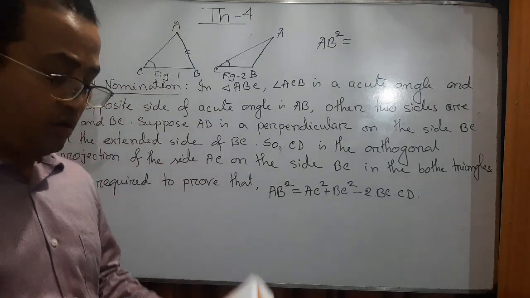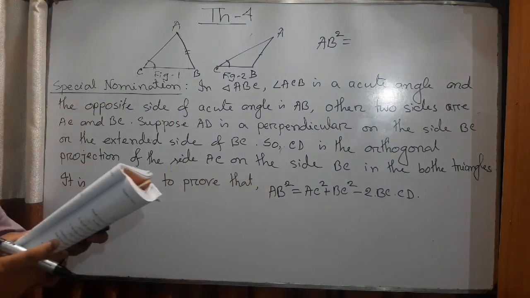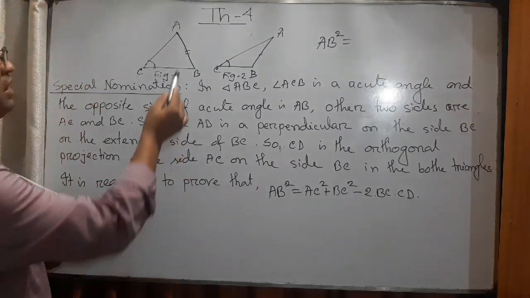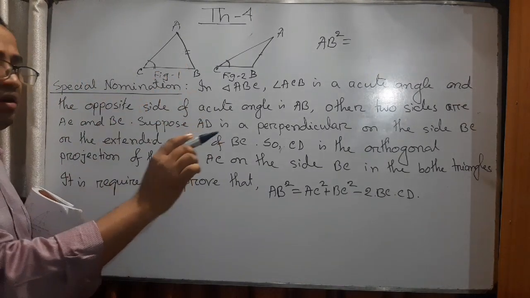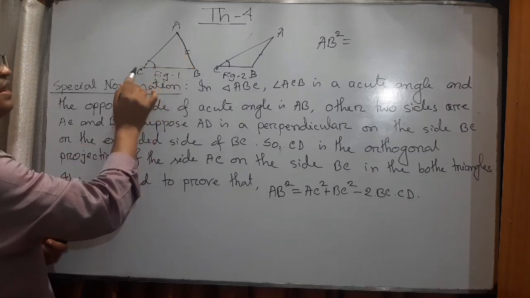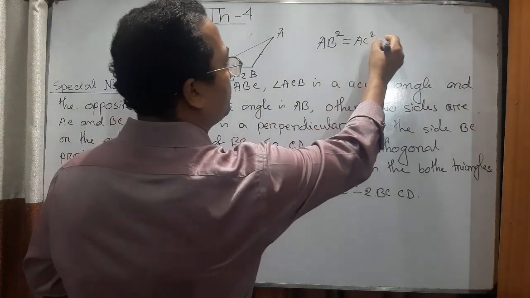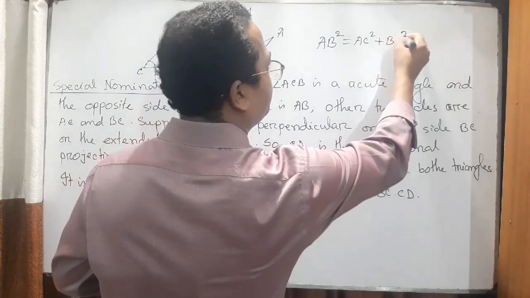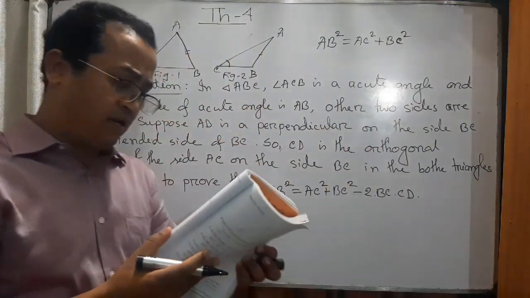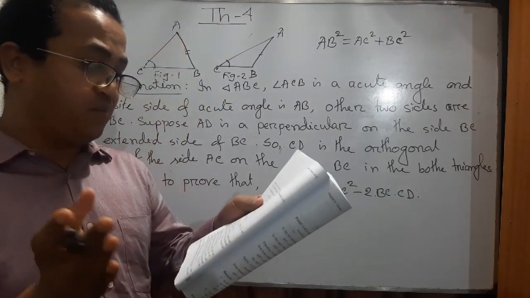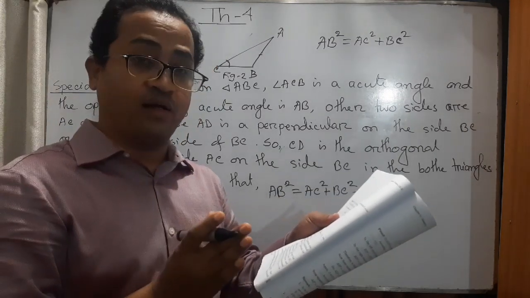AB square is equal to the squares drawn on the other two sides. AB is already taken, so the other two sides are AC and BC. So it will be AC square plus BC square. Then, diminished by twice the area of the rectangle.